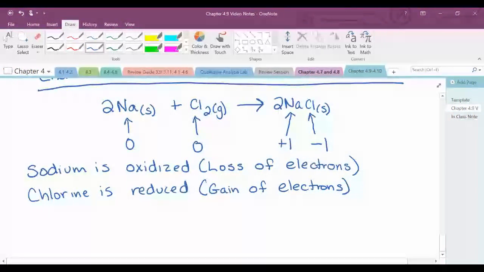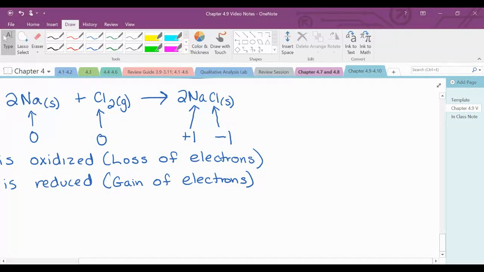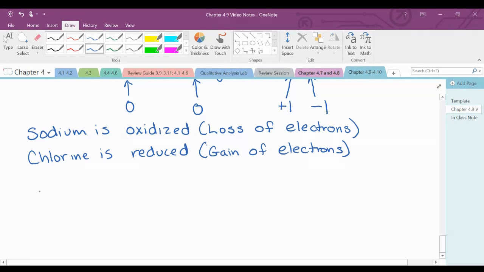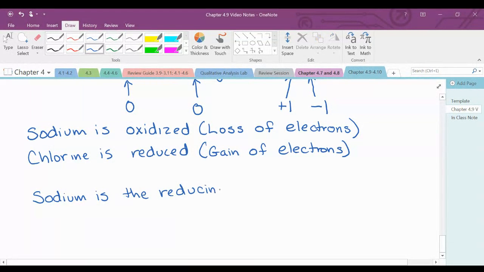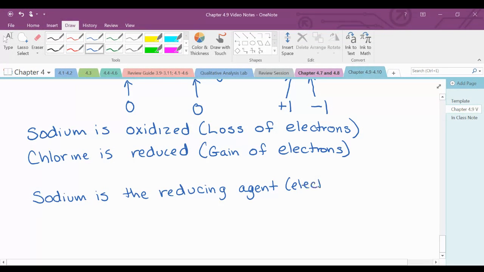And so sodium is oxidized, there's a loss of electrons. It is also the reducing agent. And when I say it's the reducing agent, it's because it's the electron donor.